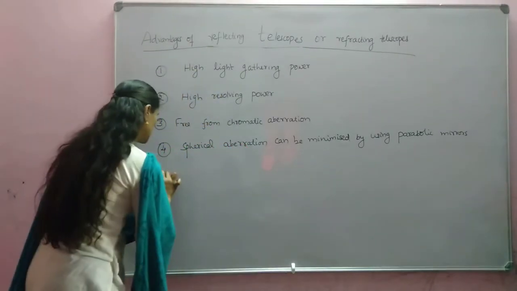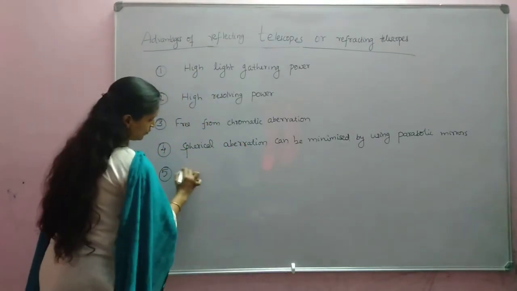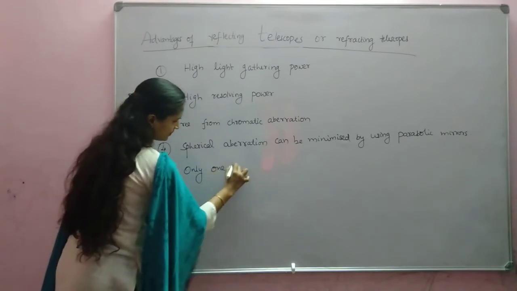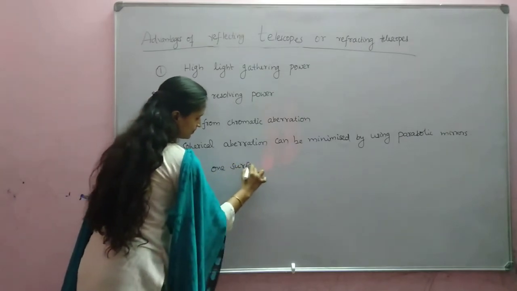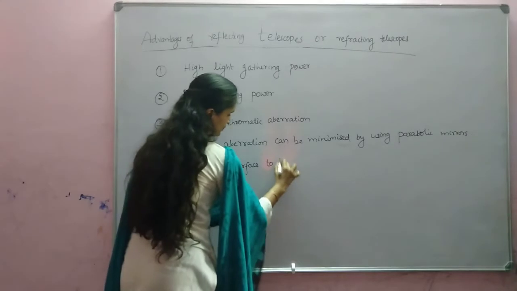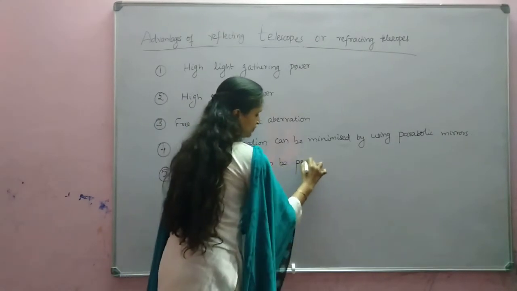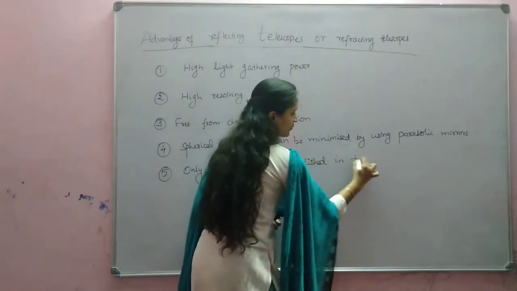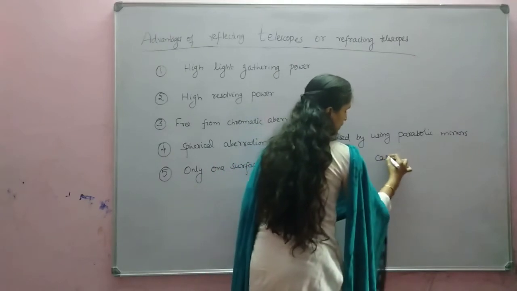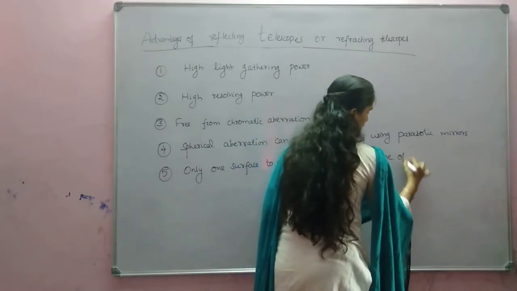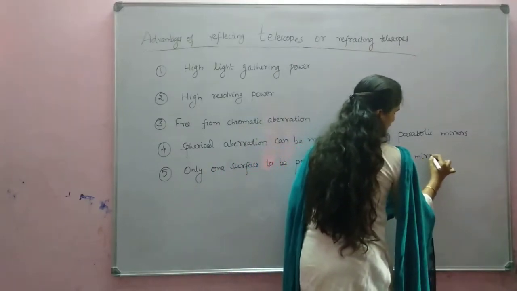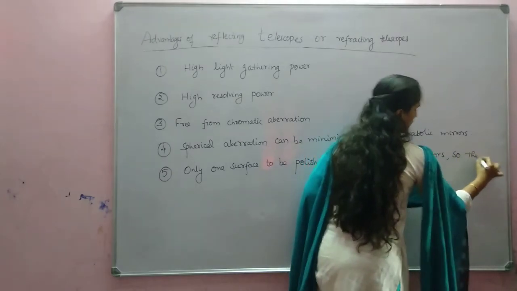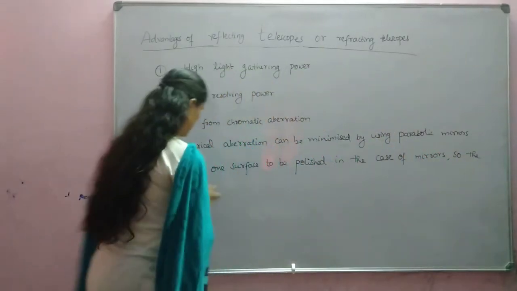And the next one: only one surface needs to be polished. Only one surface to be polished in the case of mirrors, so the cost will be less.